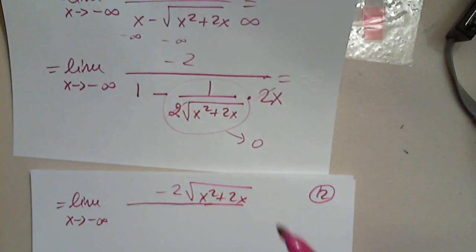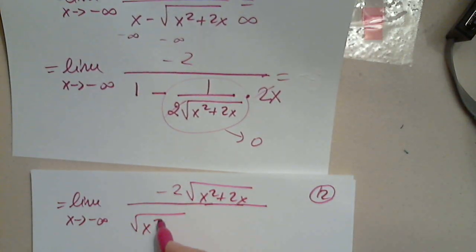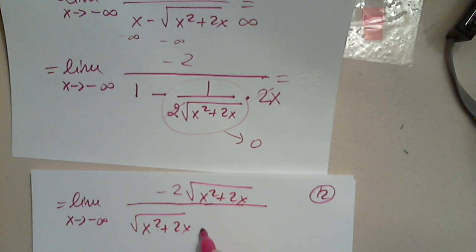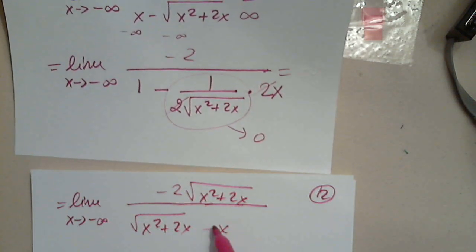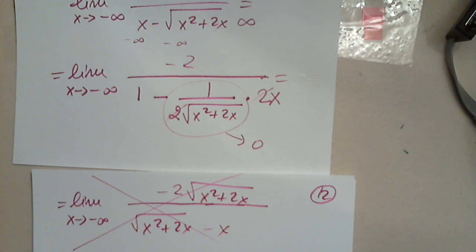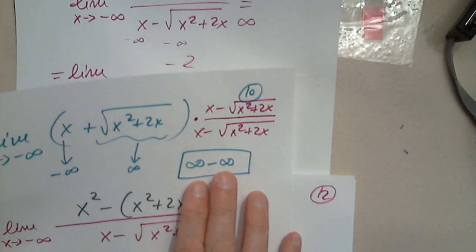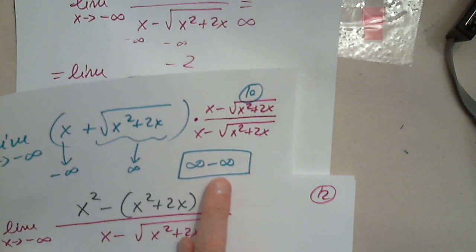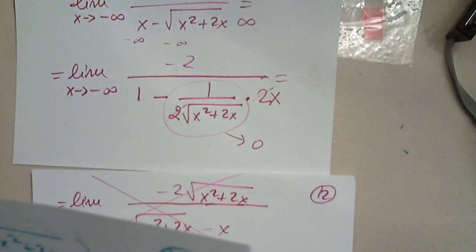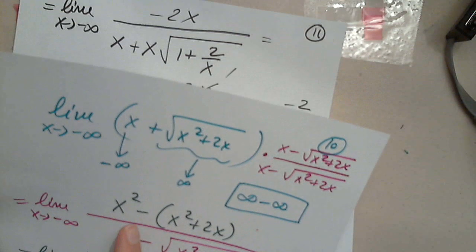It becomes more difficult now because I'll have the square root of x squared plus 2x minus x. No, I don't recommend it. Even so, I don't recommend it. I don't really recommend L'Hopital's rule on these situations. Period.